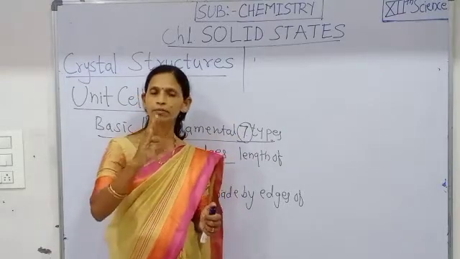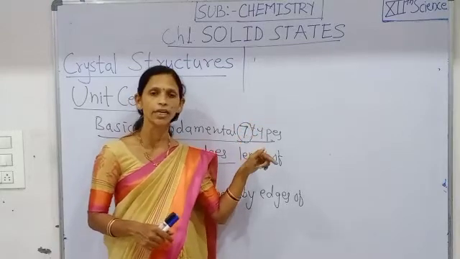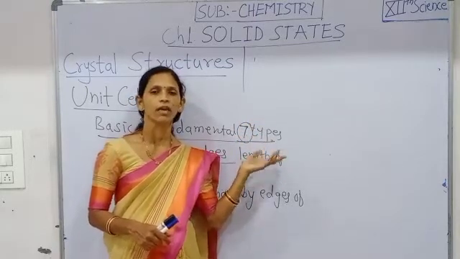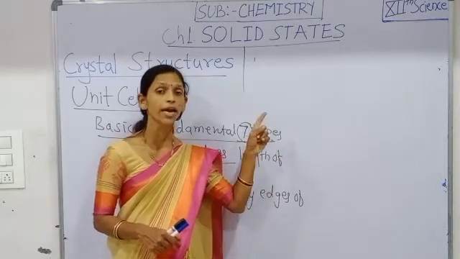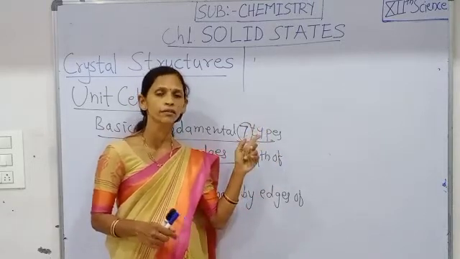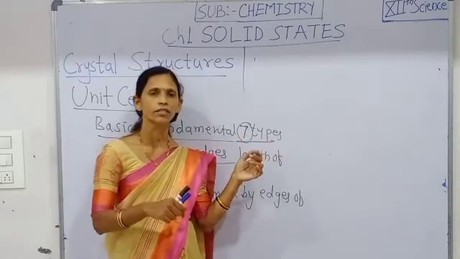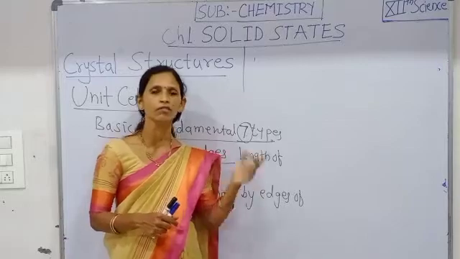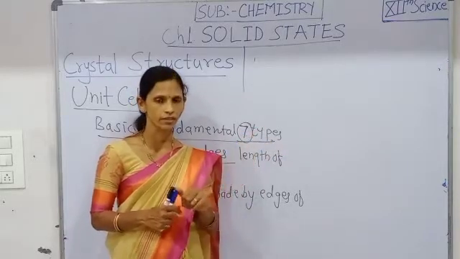Then 3 types of angles are obtained: alpha, which is between the B side and C side; beta, between the A side and C side; and gamma, between the A and B sides.